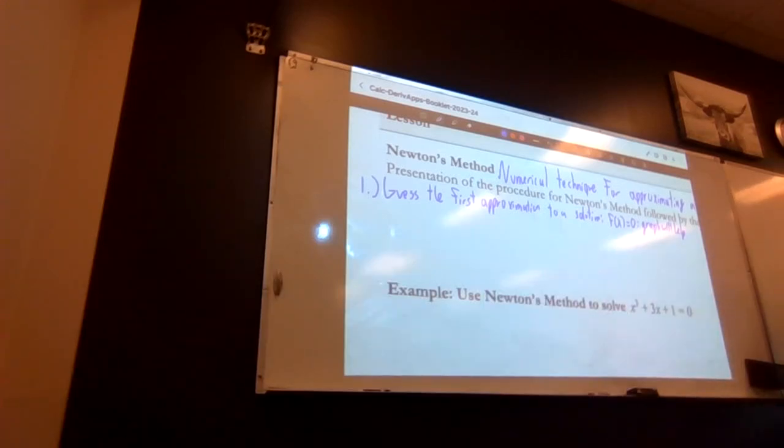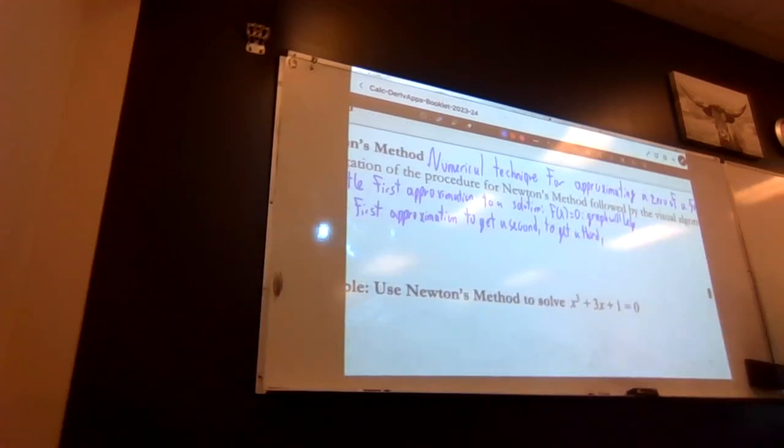So, step number 2 is to use the first approximation to get a second, to get a third, and so on, using Newton's method's formula.